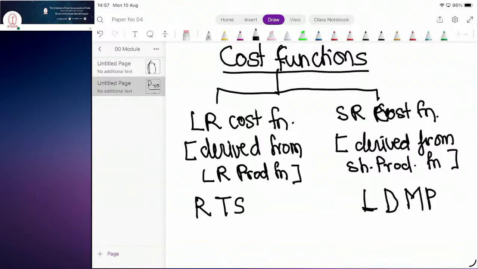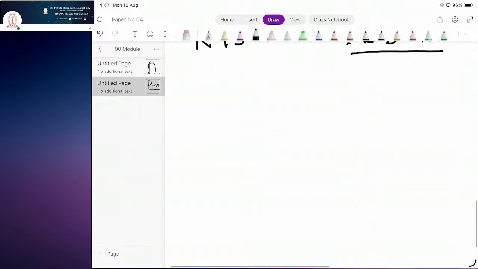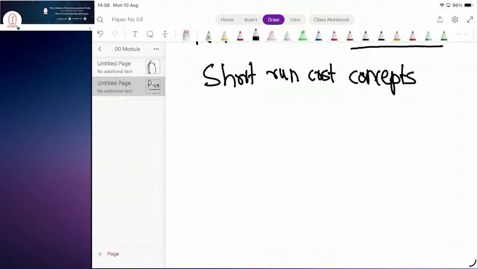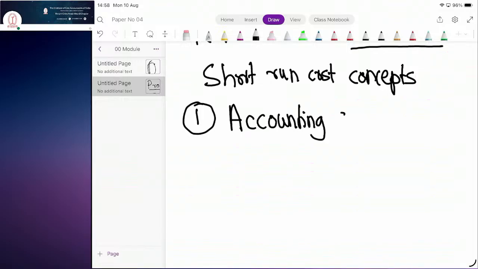Right now when we are discussing costs, we are discussing the short run cost. Let us quickly go back to the short run cost concepts that we had done so far. First is accounting cost, which is mainly what we call explicit cost, which involves money outflow for the firm.